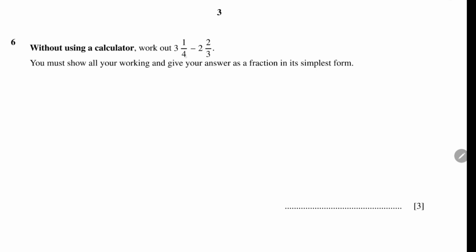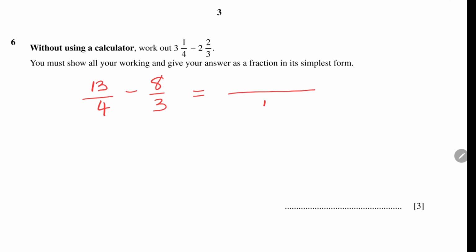So let's change this. 3 times 4 is 12, plus 1 is 13. 13 over 4 minus 2 times 3 is 6, 6 plus 2 is 8 over 3. Now we need to look for our LCM, the lowest common multiple of 3 and 4.